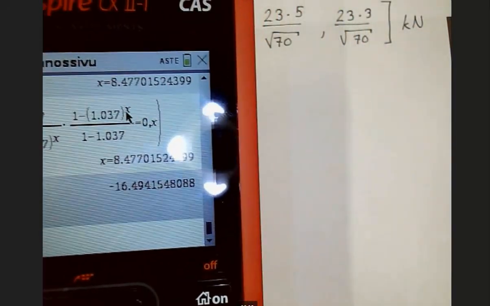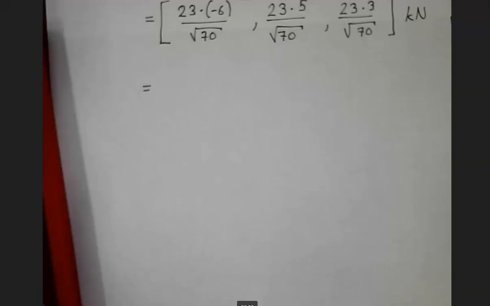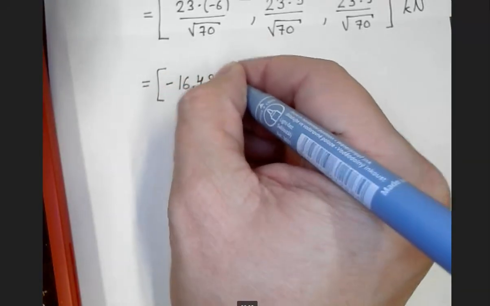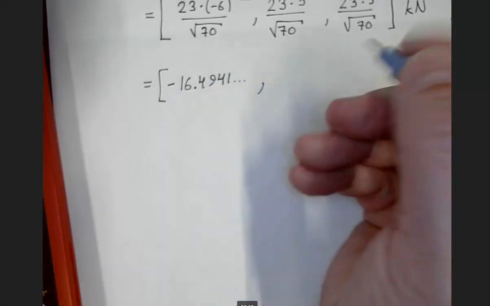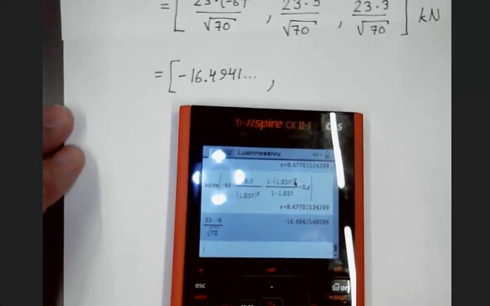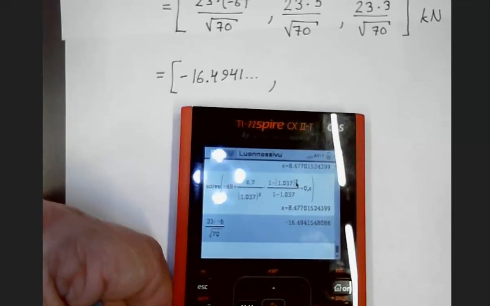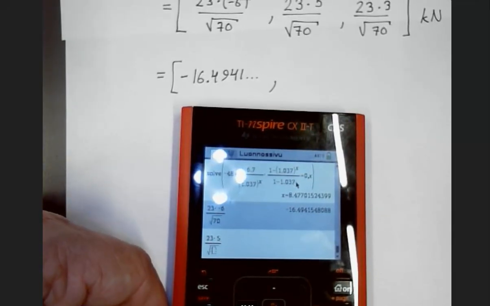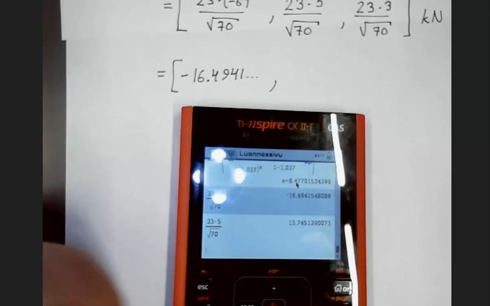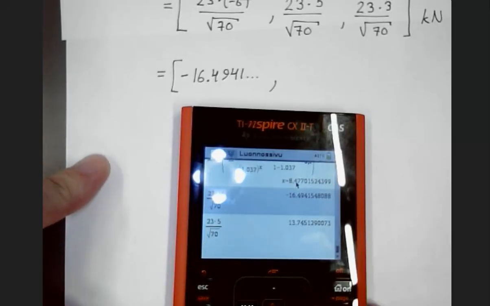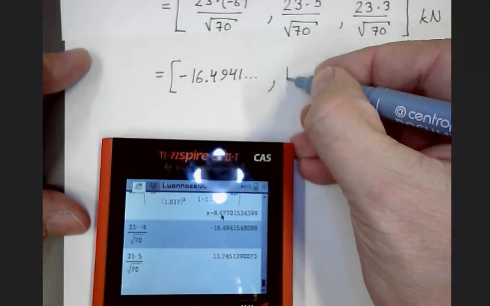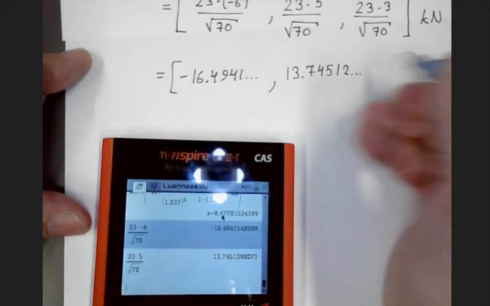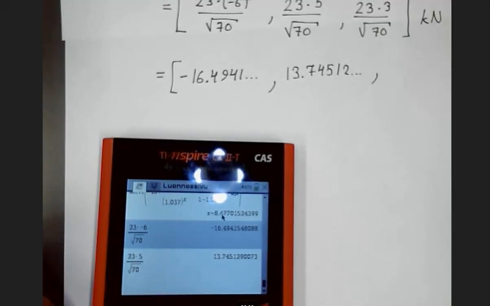This is the number we get from the first component. And then the next one. And the last one.